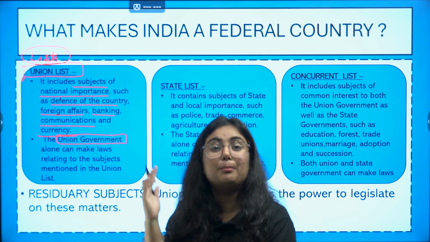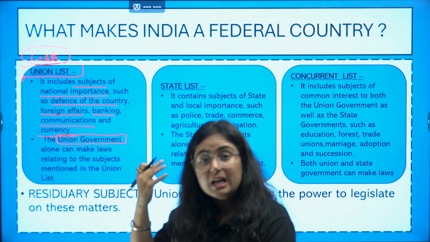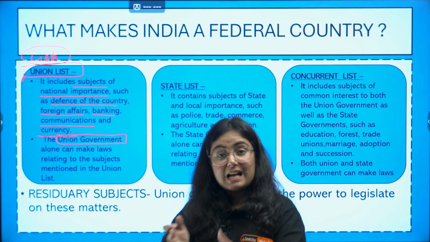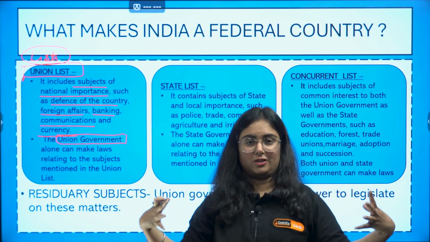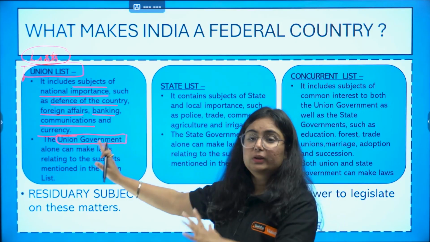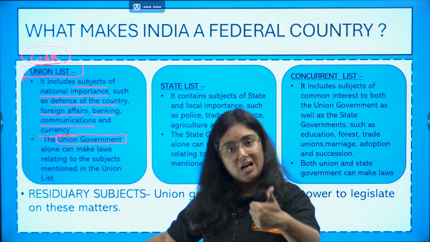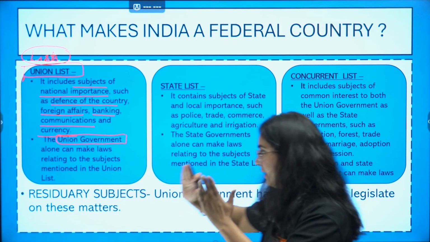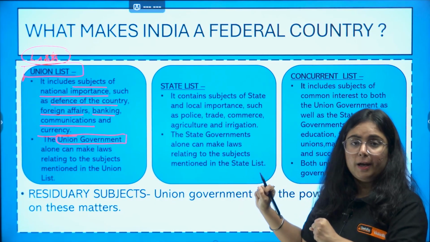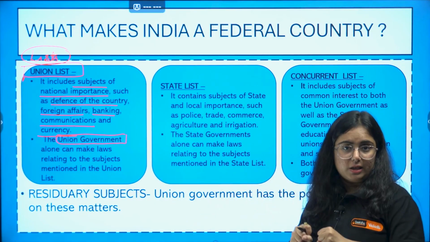For example, Madhya Pradesh would have its currency, Karnataka would have its own currency. Getting my point? So there are subjects of common interest for the whole nation, and they are listed in the union list. Who can make the law? The central government.